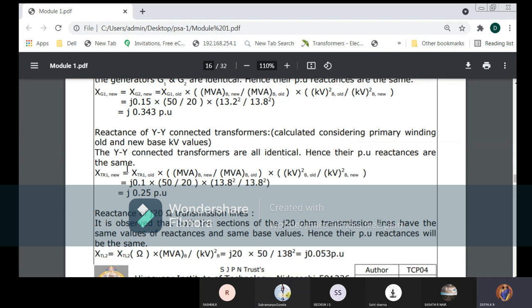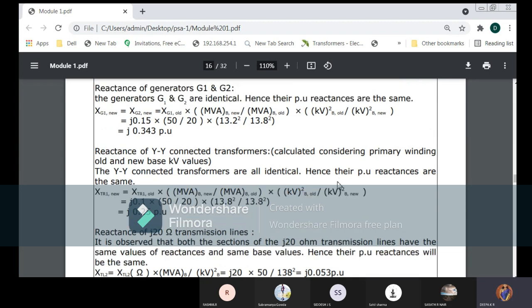Three-phase transformer star-star is 20 MVA, that is the old value, and reactance given is 10%. 10% means it is 0.1. Next, one more value they have given. You can take any one, so normally I take the primary side. That is 13.8 divided by the new value of the transformer you have determined.